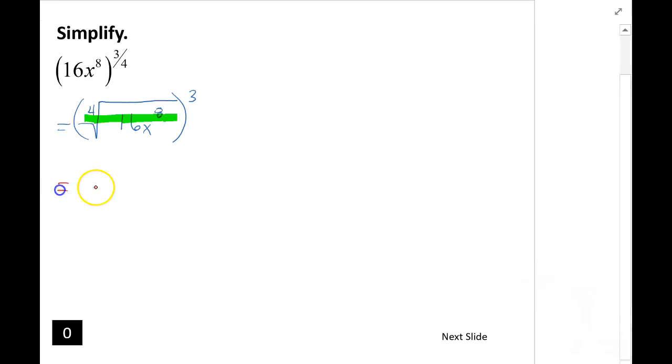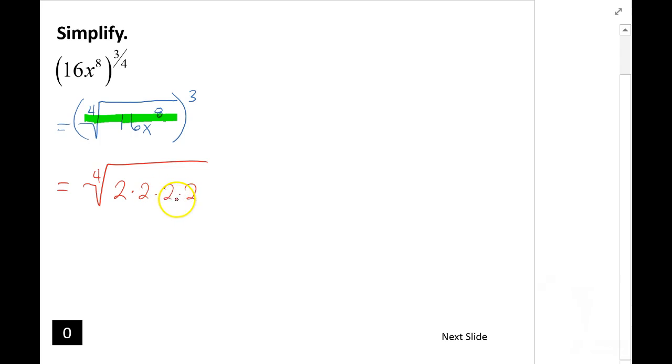Okay, so next step. First I'm going to break this 16 down, and you can use a birthday cake if you'd like. Here I know that 2 times 2 times 2 times 2 is equal to 16, because 2 to the 4th is 16. And if you notice, the index is 4, so I need groups of 4.